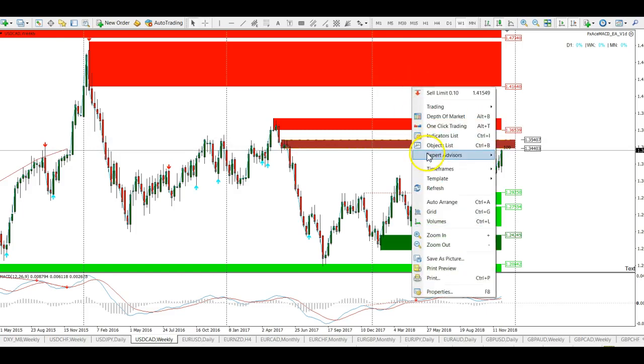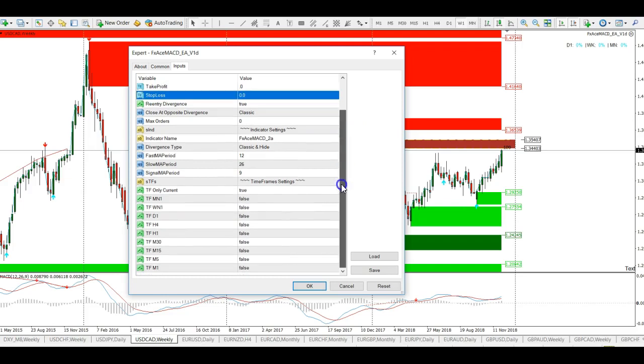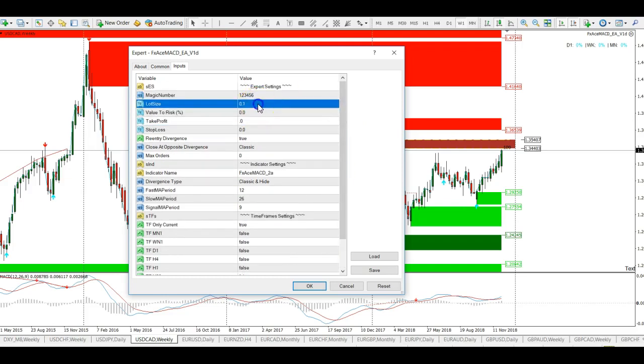For the MacBot, we will go to expert advisors, we'll go to settings, and the take profit will be at the close at opposite divergence, so we'll take an opposite signal. Stop loss will be the same. Because it's a longer term trade, we can monitor the situation.